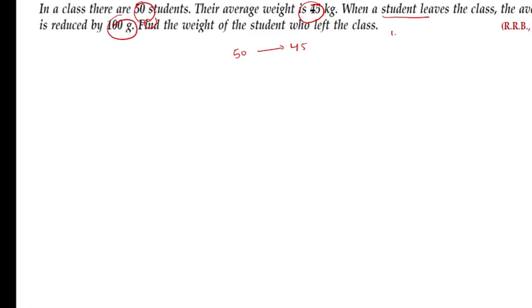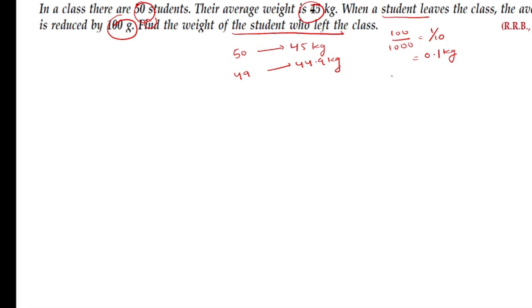Since it is given in kgs, I have to convert it. 100 by 1000 is equal to 1 by 10. You can say 0.1 kg is reduced. So for 49 students, it is 44.9 kgs. Find the weight of the student who left.